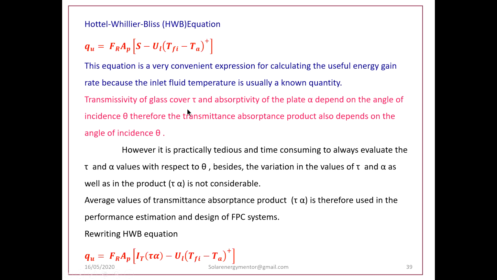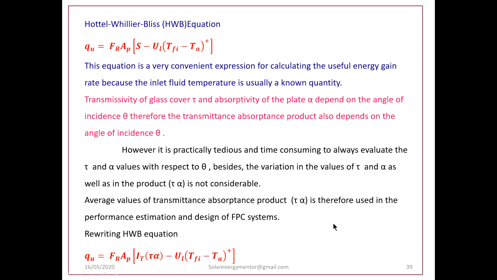Now, the transmissivity of the glass cover tau and the absorptivity of the plate alpha. Something about tau and alpha: they depend on the angle of incidence. Therefore, the transmittance-absorptance product, tau alpha, also depends on the angle of incidence, theta.